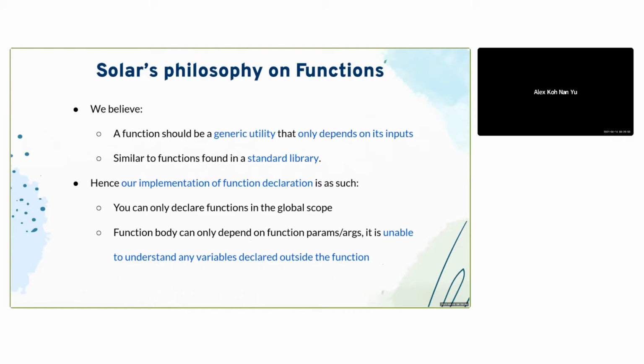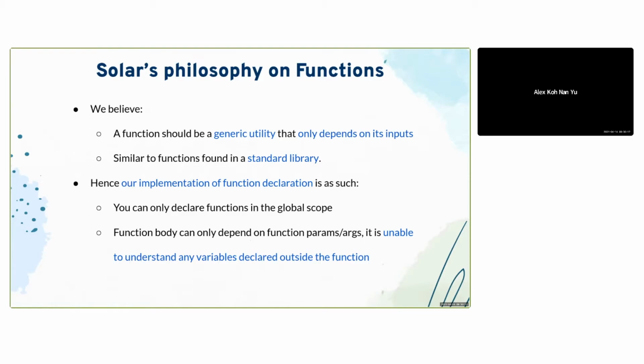We have our own philosophy of functions. We believe that functions should be a generic utility that only depends on its input. And that means that functions that we write ourselves should behave like standard library functions. So in our implementation of function declaration, we restrict function declaration to the global scope.